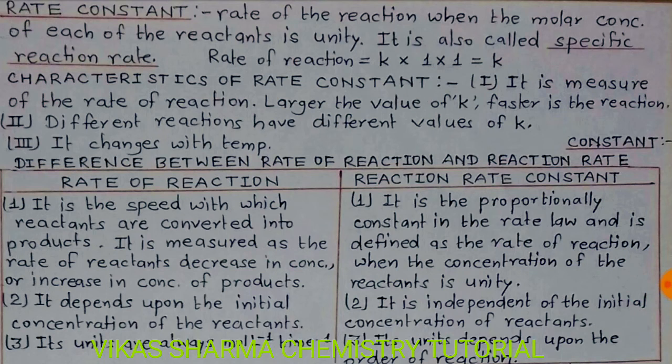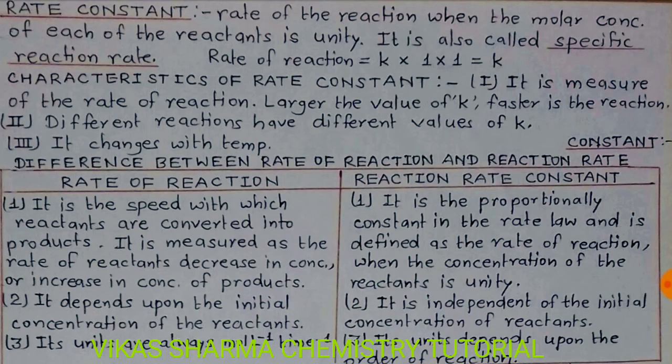The characteristics of rate constant: first, it is a measure of the rate of reaction. The larger the value of K, the faster the reaction. It means if 5 × 10^18 is the rate constant of one reaction and the second rate constant is 5 × 10^9, then the first one is a fast reaction and the second one is a slow reaction.